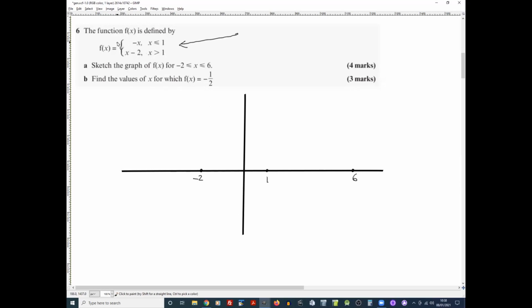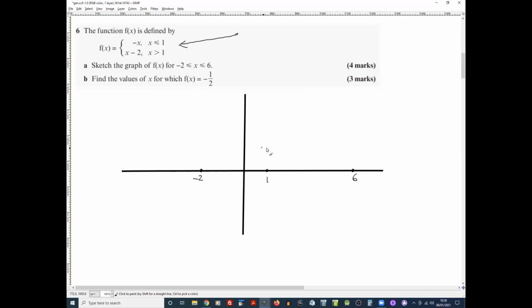In other words, these are y values: y equals -x, and this is y equals x - 2. It's essentially asking me to draw two graphs. Yes, absolutely. And hopefully, it might not be the case, but you'll often find in their examples that the two pieces do join together.